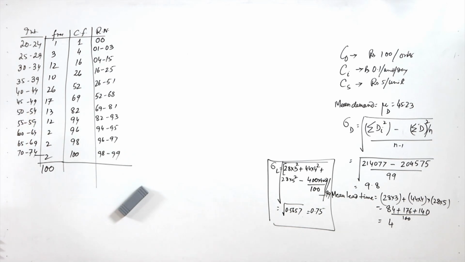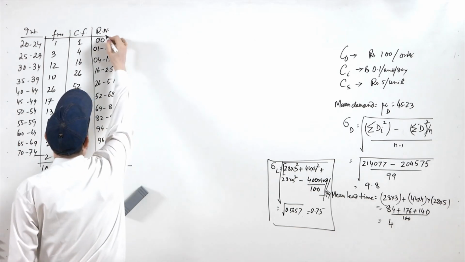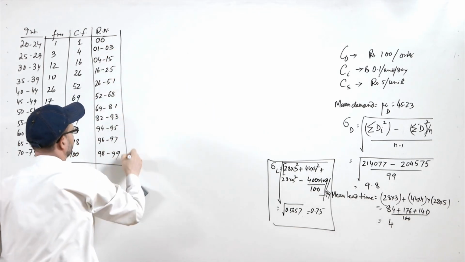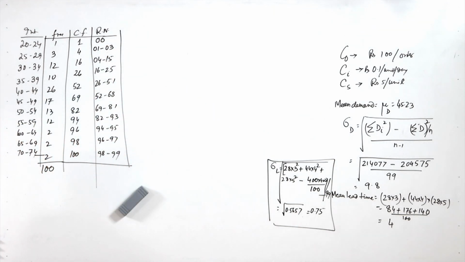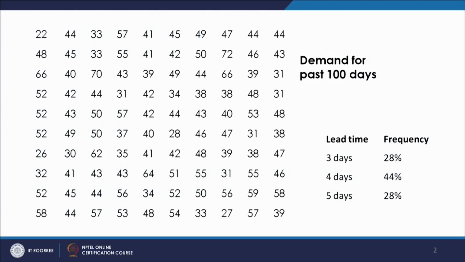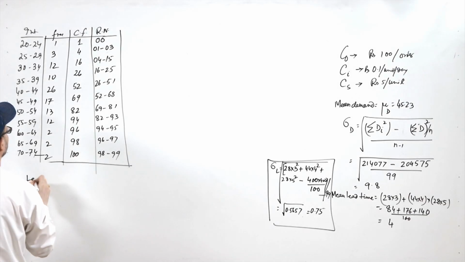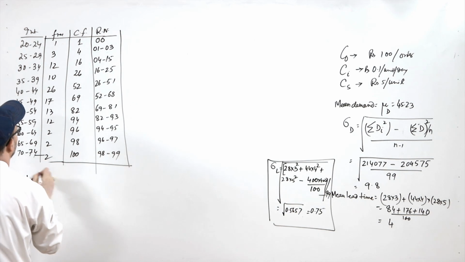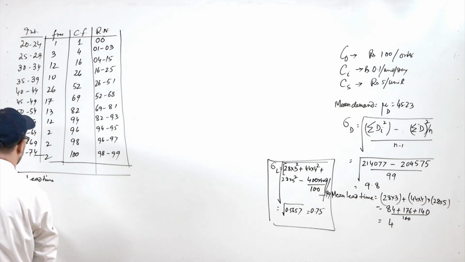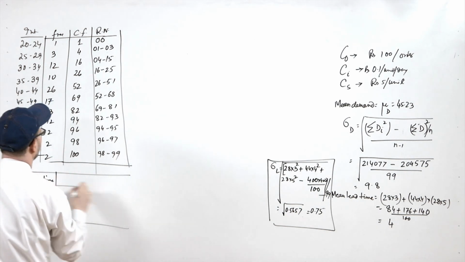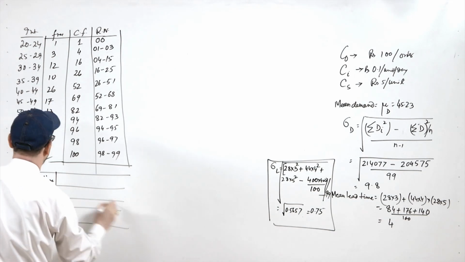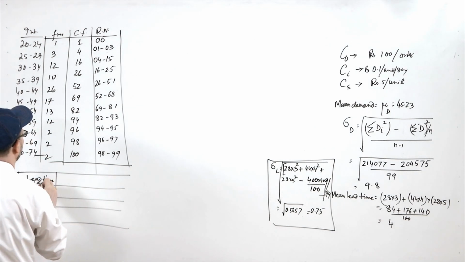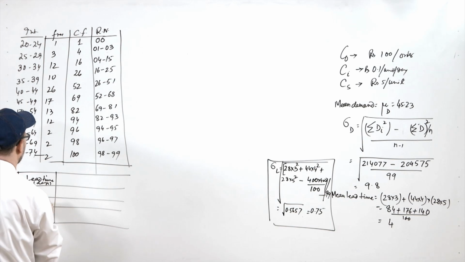Similarly, you can assign the random numbers even for the lead time. As we see, for the lead time you have 3 values: 3, 4 and 5 days.